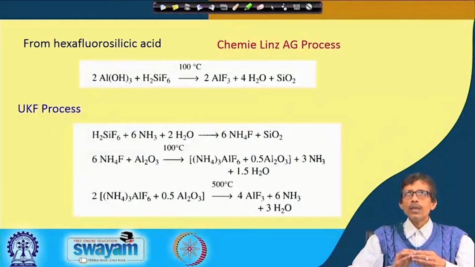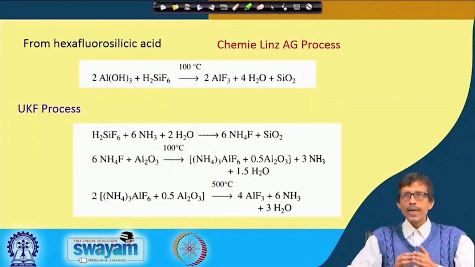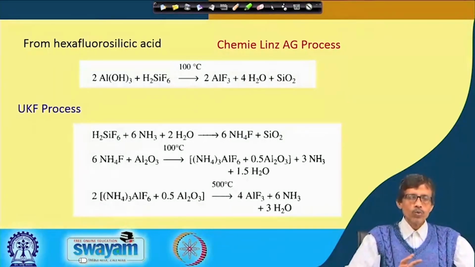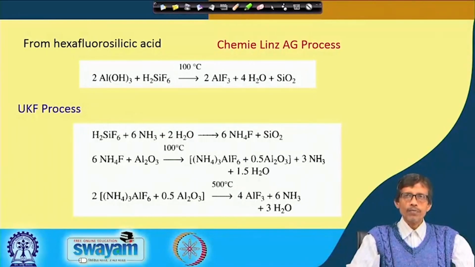So, this is basically an indirect process, and that indirect process is being utilized for the formation of ammonium fluoride. Earlier we were using the direct sodium fluoride or HF or hexafluorosilicic acid.